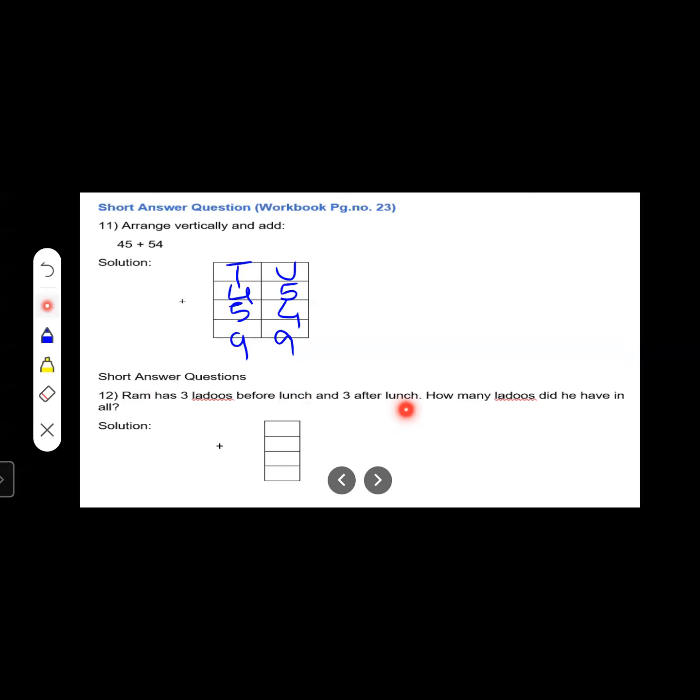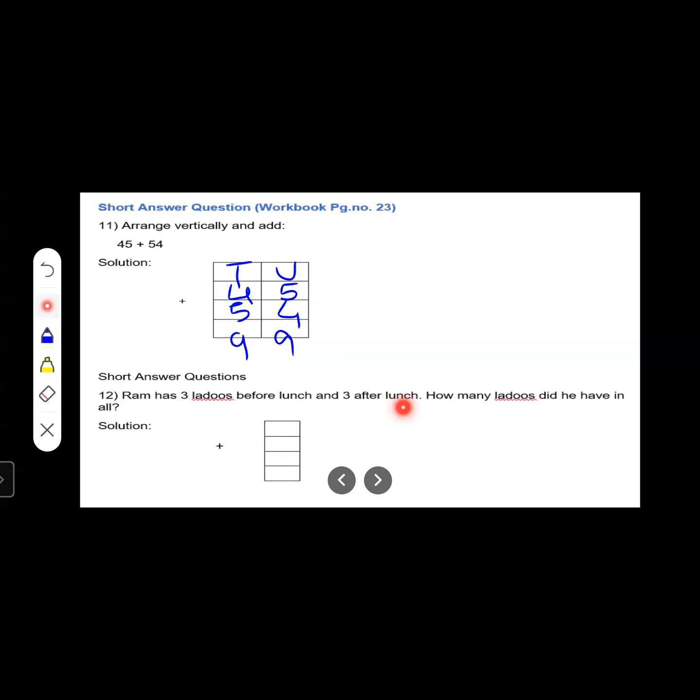Now after he had his lunch, how many laddus are there with him? 3. Before lunch, 3 laddus. After lunch, 3 laddus. How many laddus did he have in all? In all means we have to find out the total number of laddus he has.